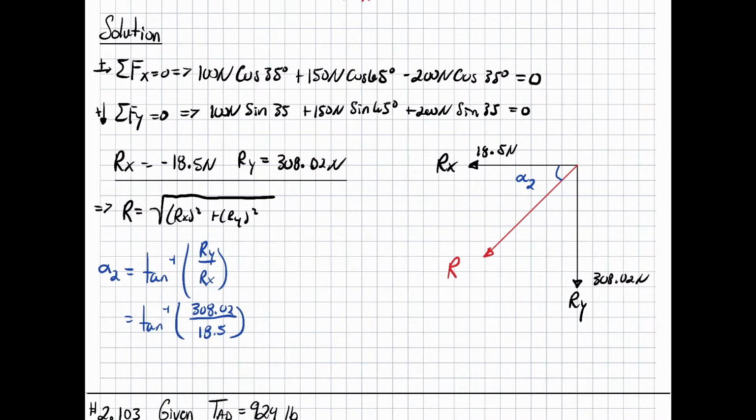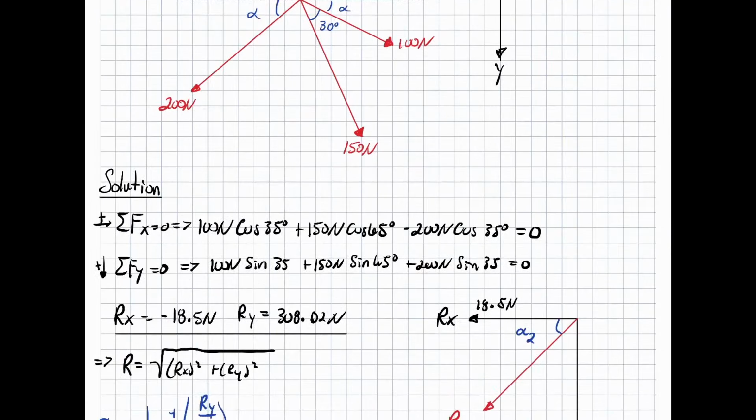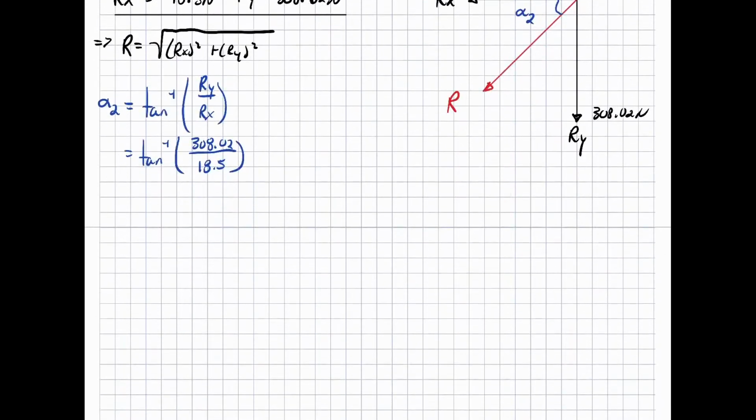I'll add a page instead of deleting a page. Solving that out, alpha 2, we get 86.56 degrees. Now remember, have your calculator set to degrees, not radians. That will be a change.